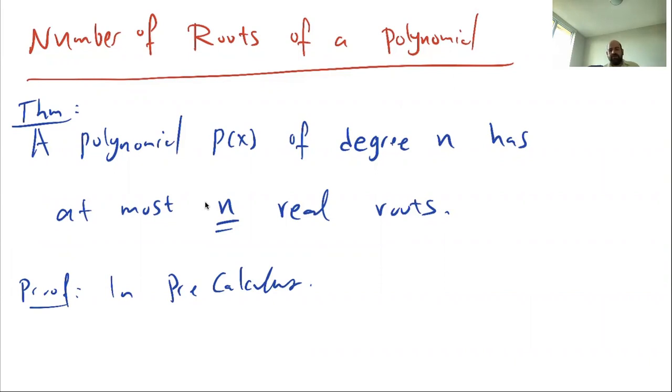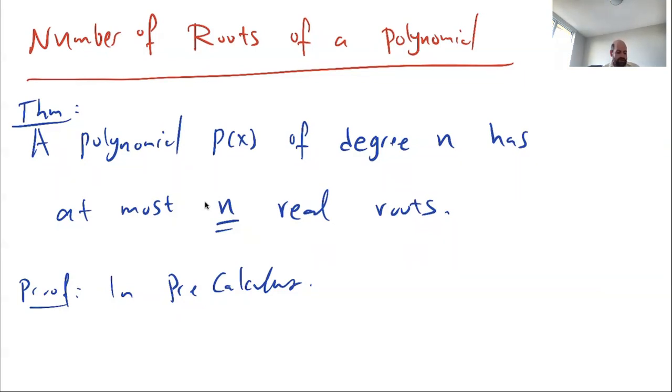A polynomial of degree 2, for example a quadratic function, has at most 2 real roots, or a polynomial of degree 3 has at most 3 real roots, and so on. This is a fact that you learn. It's an implication of the division algorithm for polynomials, and you can use it to prove this theorem. I normally prove this in my Math 100 class, the pre-calculus course.